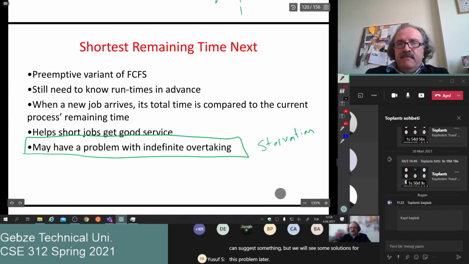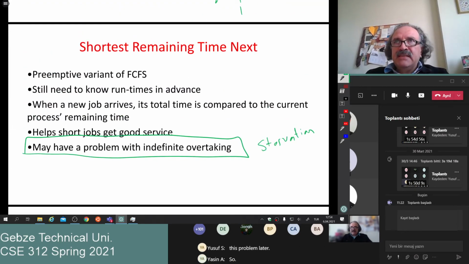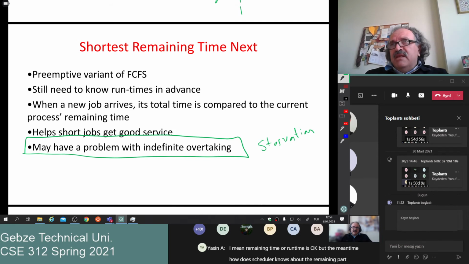Good, yes. How does the scheduler get those kinds of timing information from the process table or thread tables? Remaining time or arrival time is okay, but how does the scheduler know about the remaining time? Does it predict it?